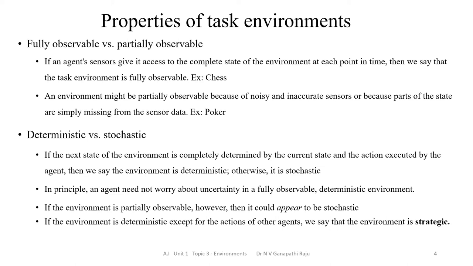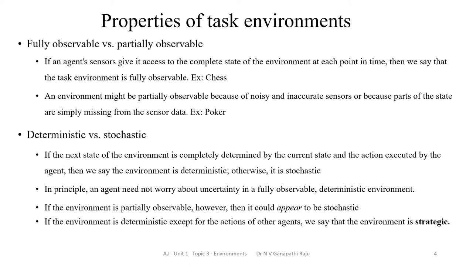For example, a vacuum cleaner agent with only one local dirt sensor cannot tell whether there is dirt in other squares. Another example of partially observable is an automated taxi, which cannot see what other drivers are thinking.